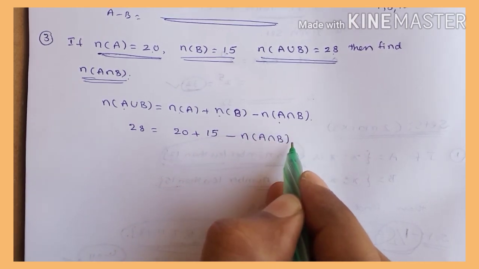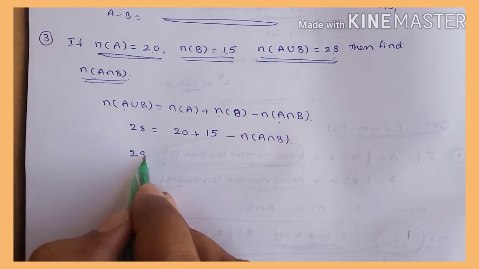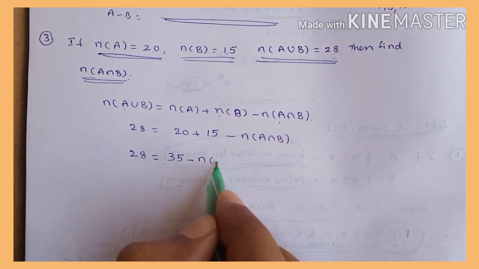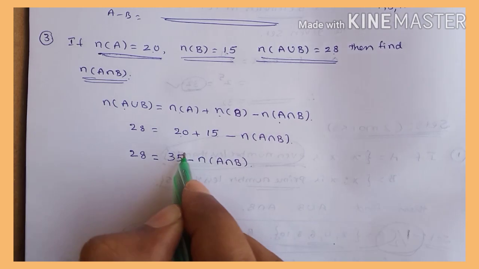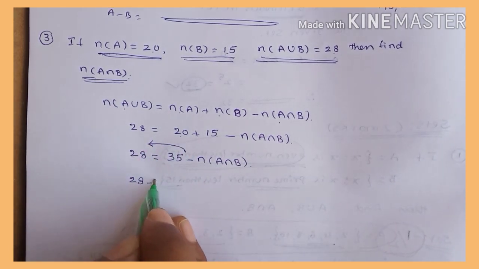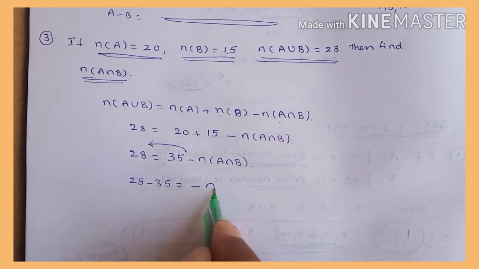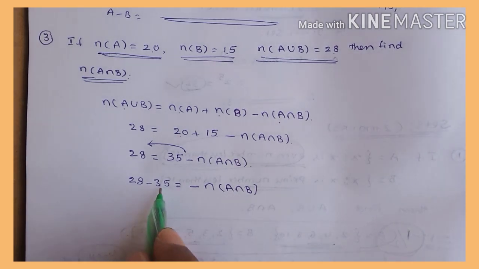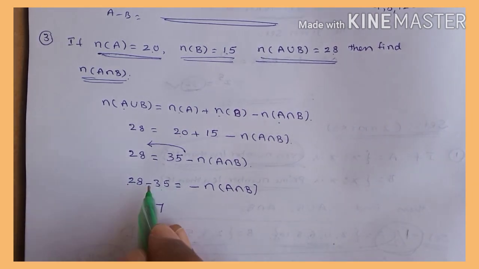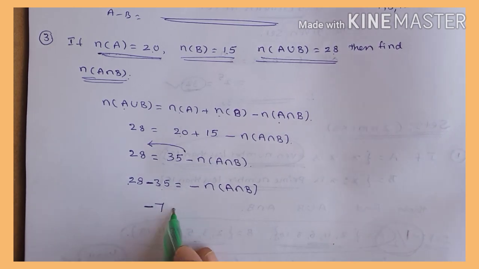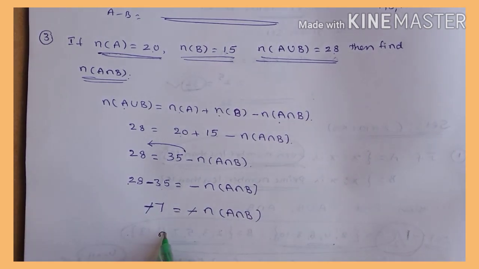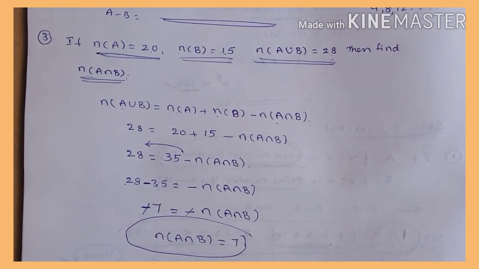Now 28 is equal to 20 plus 15, that is 35, minus number of A intersection B. Transpose: 28 minus 35 is equal to minus number of A intersection B. Right, 35 minus 28 is equal to 7, so minus 7 is equal to minus number of A intersection B. Minus minus cancel, so number of A intersection B is equal to 7.